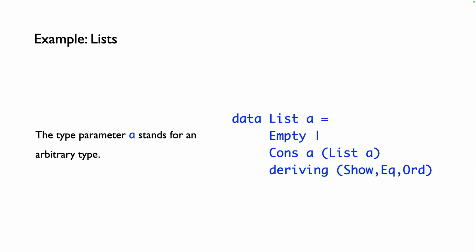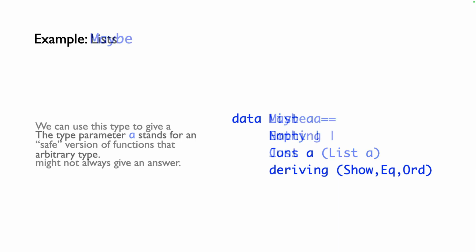Cons takes something of type A and something of type list of A to give us something of type list of A. So A stands for an arbitrary type. We can build lists of any type, just like a variable stands for an arbitrary value ordinarily. So that's how lists are, or can be, built under the hood, as it were.